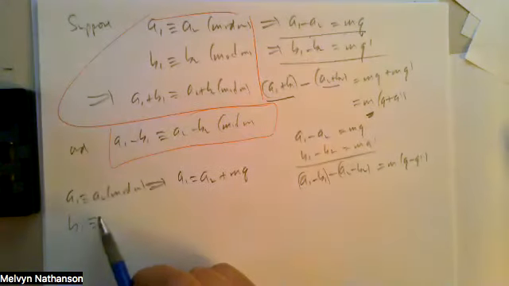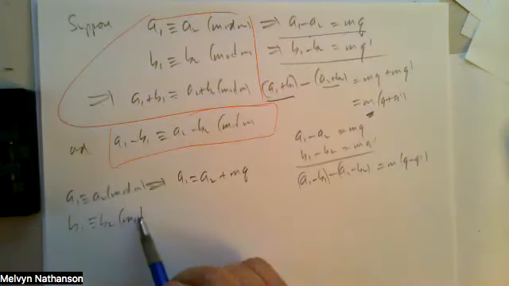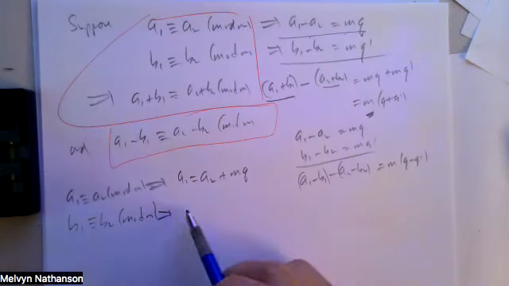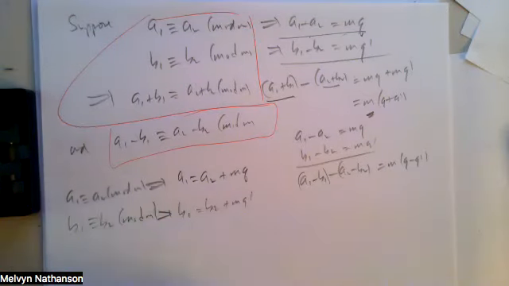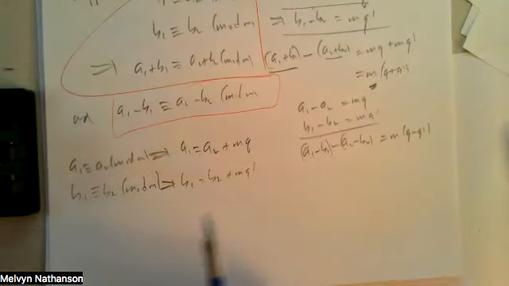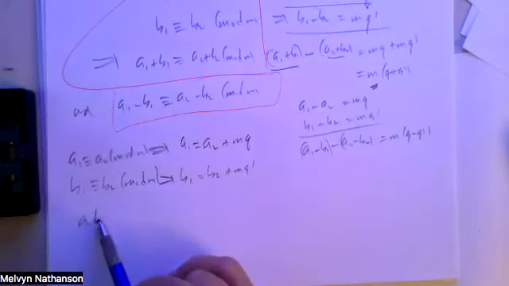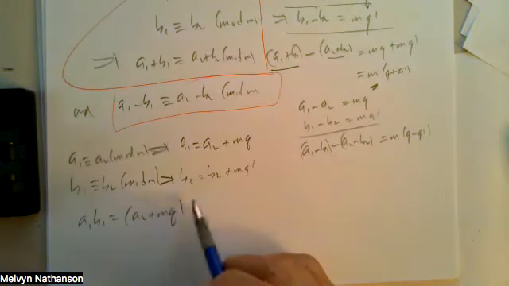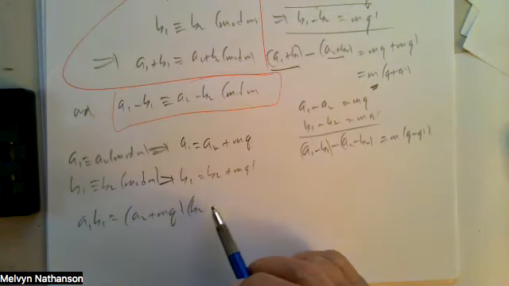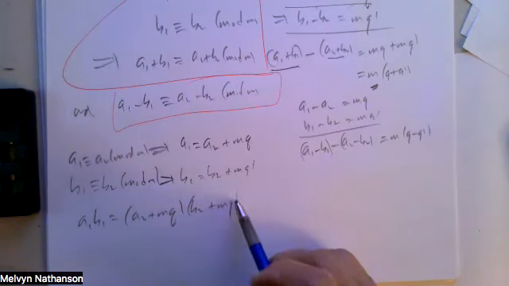And if B1 is congruent to B2 mod m, this means B1 is B2 plus mq prime for some q prime. So what happens if I multiply A1 times B1? That's (A2 plus mq) times (B2 plus mq prime).